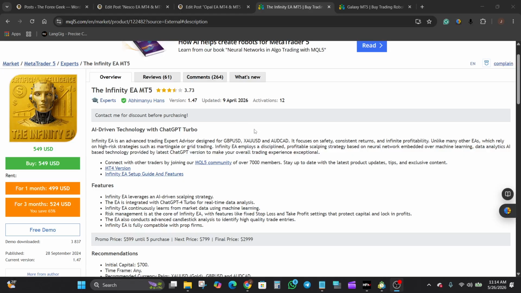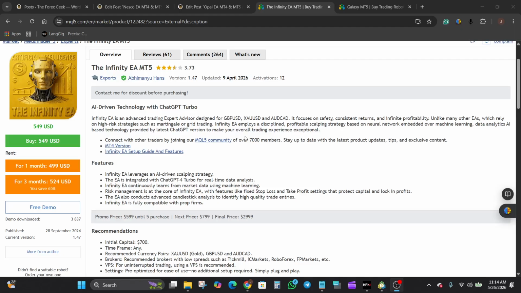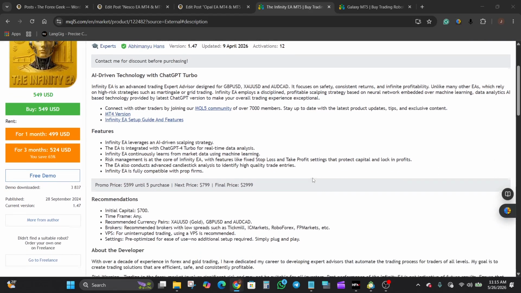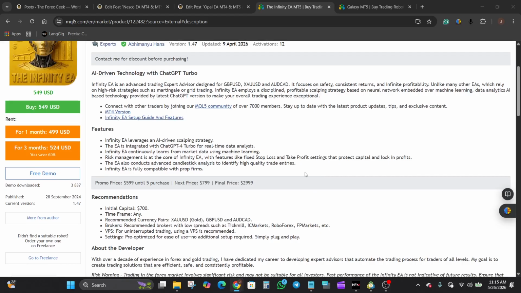Now moving into the description, the EA is positioned as an AI driven trading system focused on scalping. It mentions integration with ChatGPT 4 Turbo and machine learning for market analysis. What stands out here is the emphasis on structured risk control, especially with fixed stop loss and take profit settings designed to manage exposure.